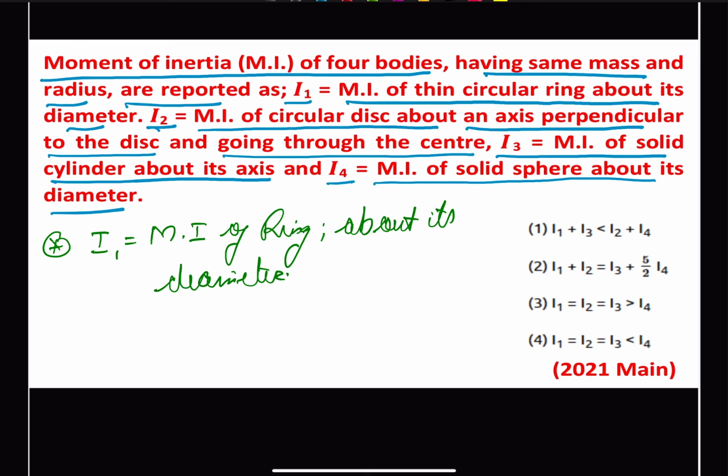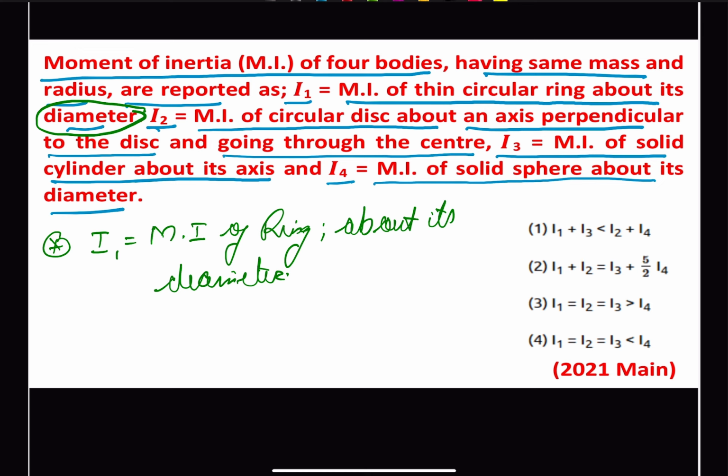We know that this question can be solved using two approaches. One, if you know the formulas directly you can make a comparison. If you do not know the formula, like in the first case I1 is with respect to the diameter, but for a ring the standard formula is taken about an axis which passes through the center and is perpendicular to the plane.